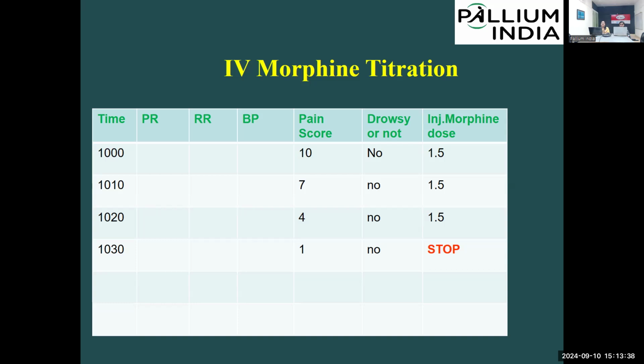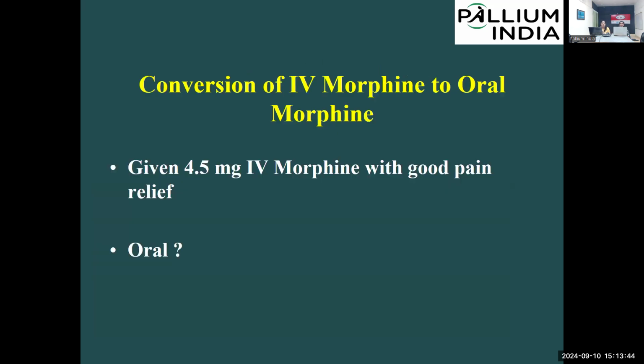So to convert the IV morphine to oral morphine, we go with 1:1 conversion. So 4.5 milligram of IV morphine, with 4.5 milligram the patient had satisfactory pain relief. So now to convert it to oral, it is a 1:1 conversion ratio.